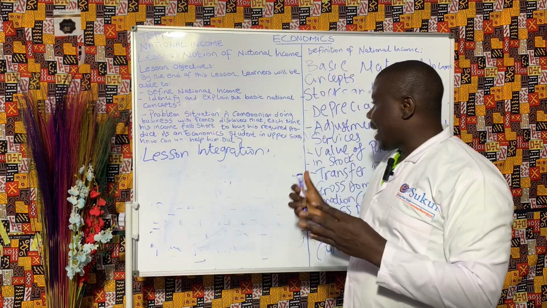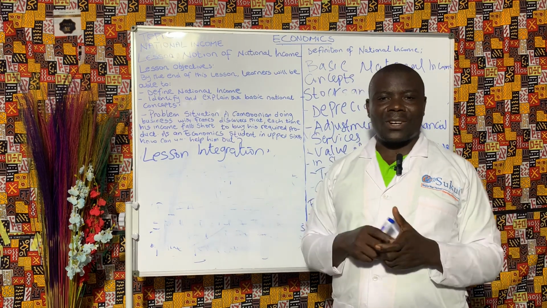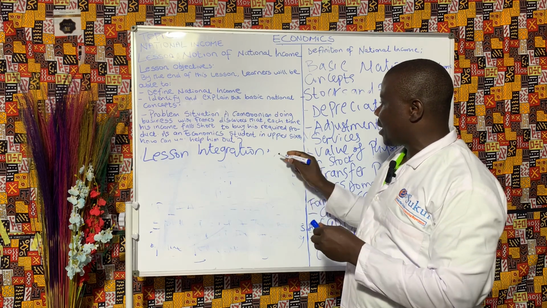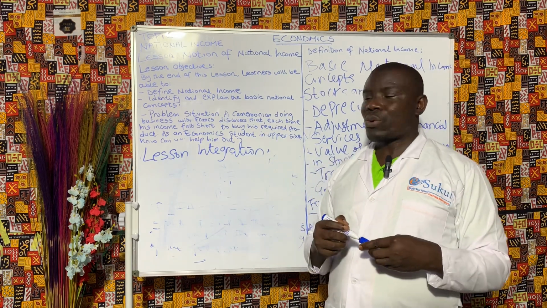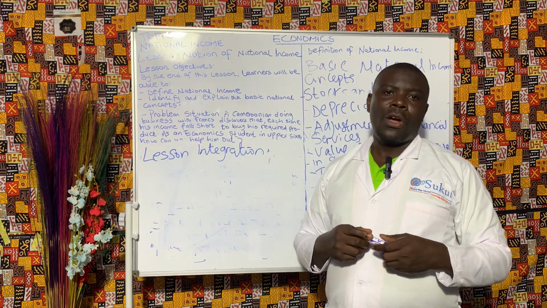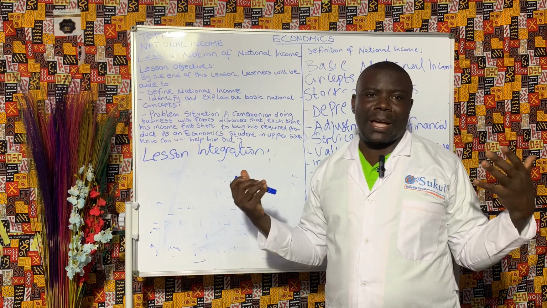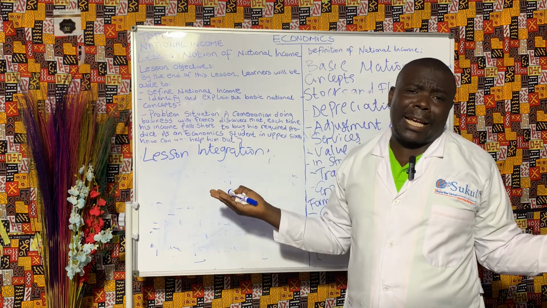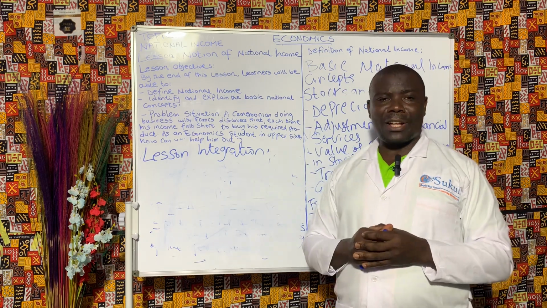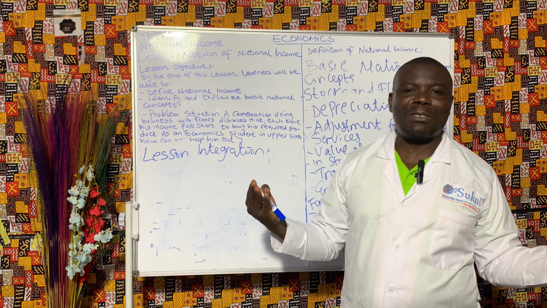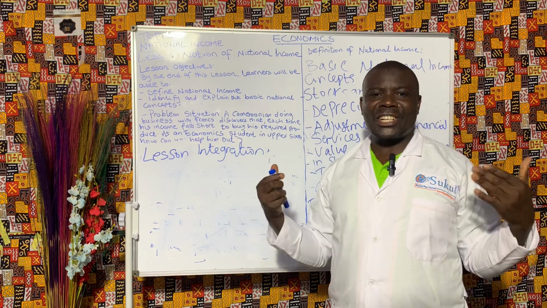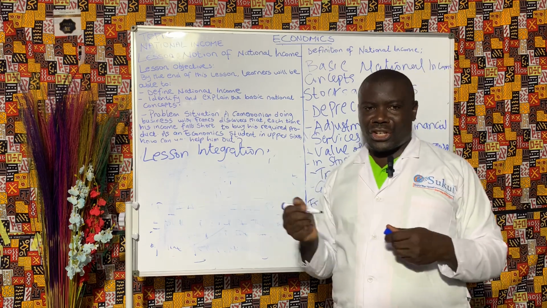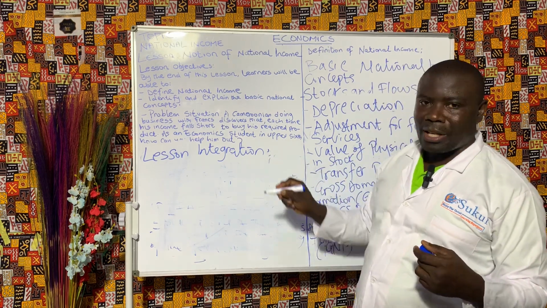We cannot end a sweet discussion as such without going into the lesson integration to see how it is applicable to our everyday life. Mr. Chofo plans to export his products to Nigeria and wants to get information on the real national income of that country. His Nigerian friend gave him the following information, which I'm going to put on the board.